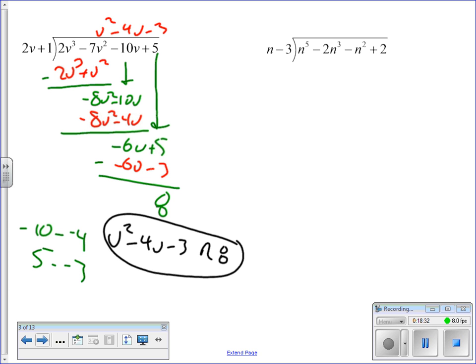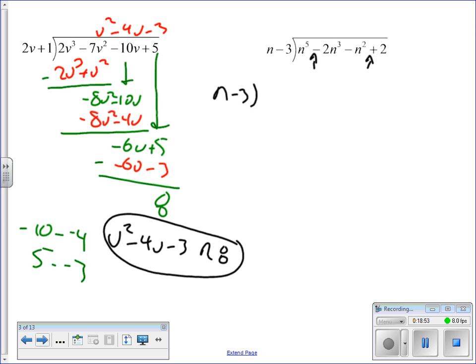So, I've got a problem. I don't have an n to the fourth, and I don't have an n to the first power. Every power from the highest power down needs to be represented when you're doing your long division. So here's what I have to do. I have to rewrite the problem.